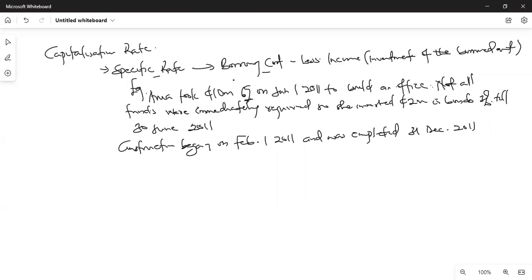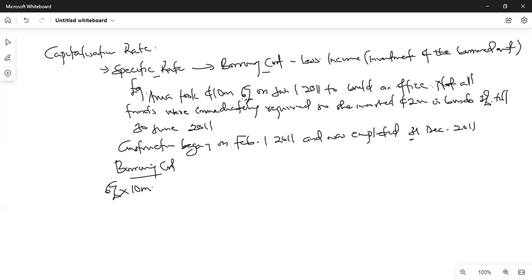So if you borrow on January 1, and it's a project that is going to last through December, your borrowing cost herein will be the interest of 6% multiplied by 10 million.